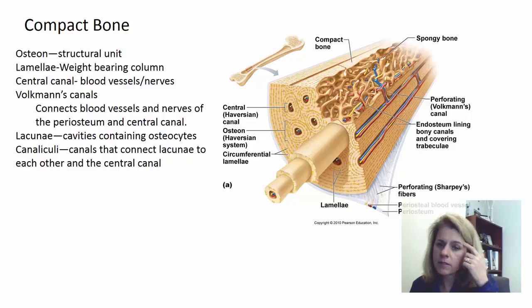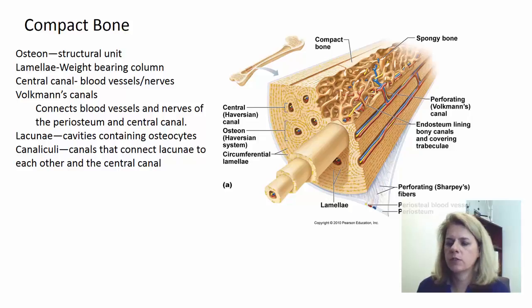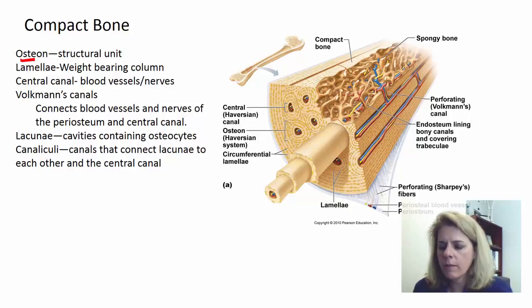All right, so let's go back to compact bone. Remember, compact bone is found around the outside of bones, where spongy bone is on the inside. When you're looking at compact bone, remember I told you it's lamellar bone. It's made up of layers. And so what we're talking about are osteons. Osteons are the structural units of compact bone.